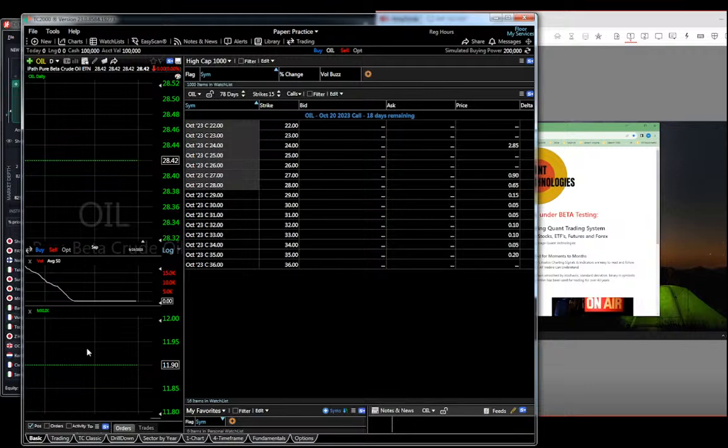Oil ETF. There is Horizon Crude Oil ETF. There's a Brent Oil ETF. There's a West Texas Intermediate ETF. Let's see if we can find one of these.